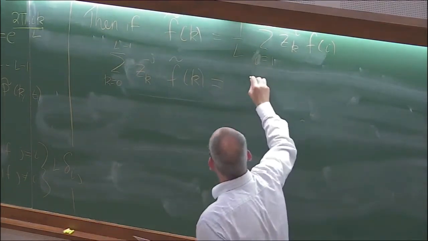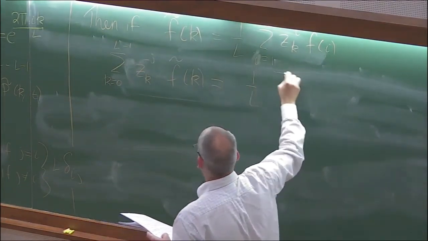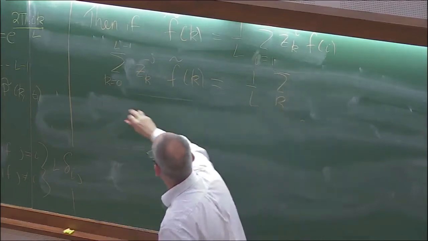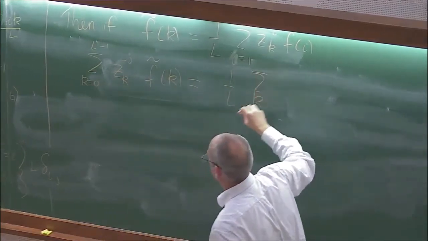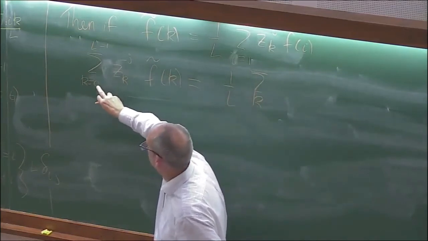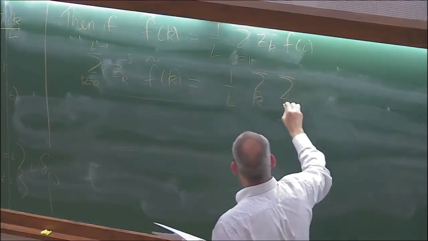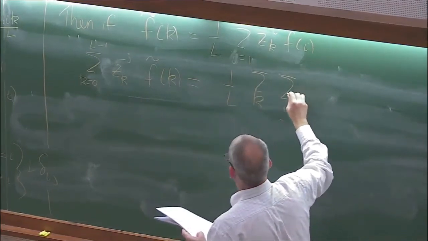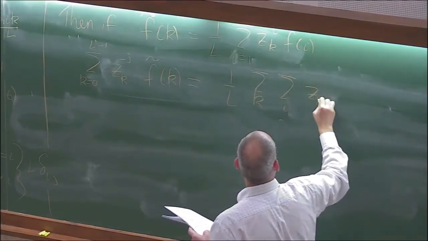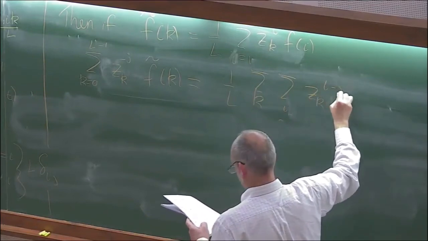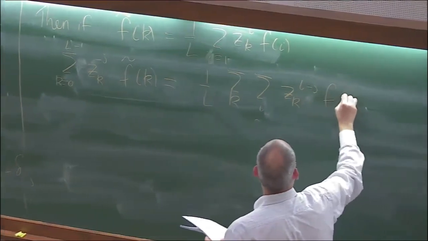Well, what have I got? I've got 1 over L, then I've got the sum over k, let's be lazy here, I won't write out the limits of the sums. And then here I've got a sum over i, and I'm going to have z_k to the i minus j, f_i.